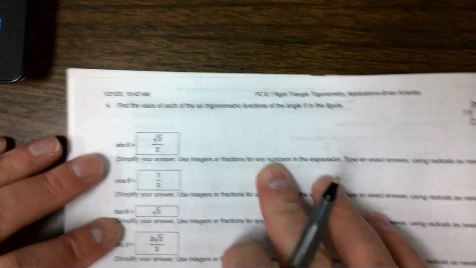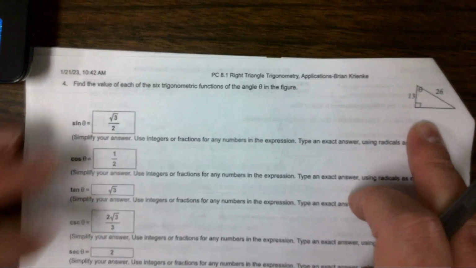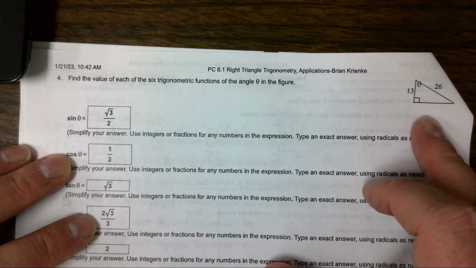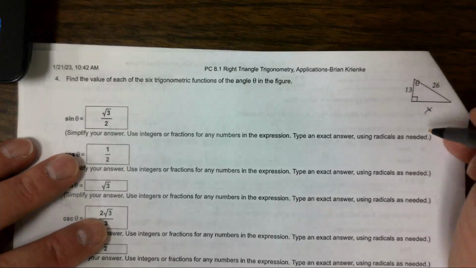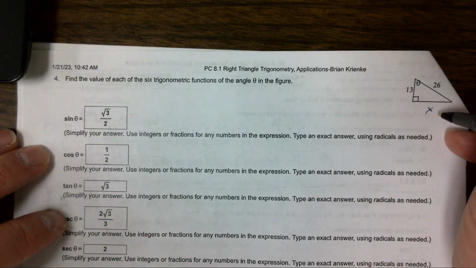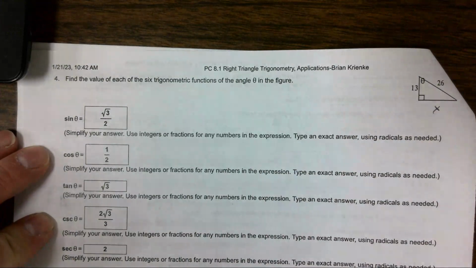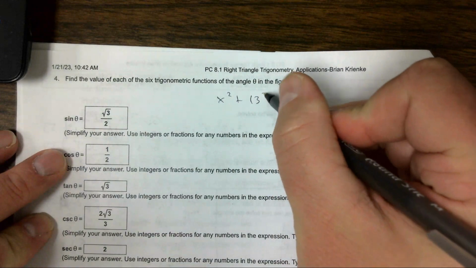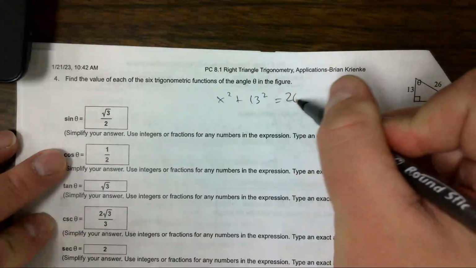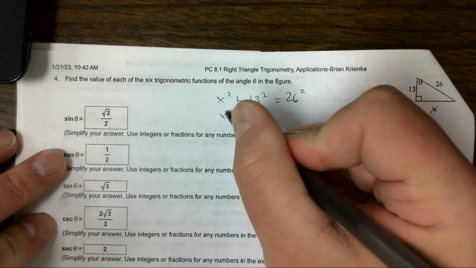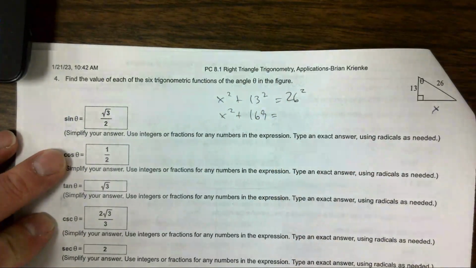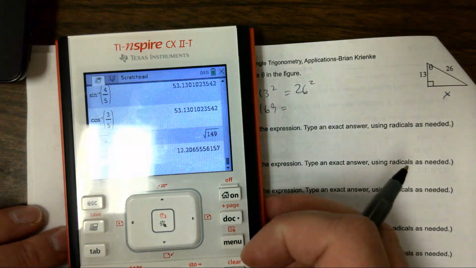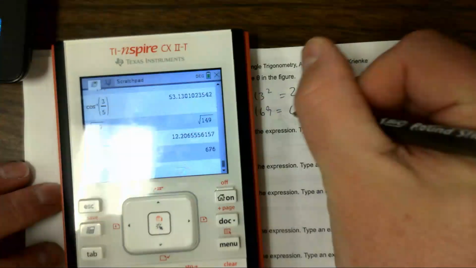Now on this one, they use the 13 and the 26. Well, let's call this x. And I'm going to say, do your Pythagorean theorem first. X squared plus 169 equals 26 squared, 676.